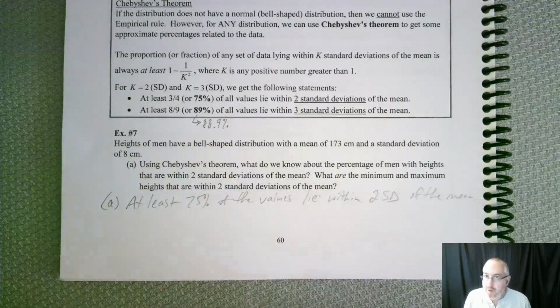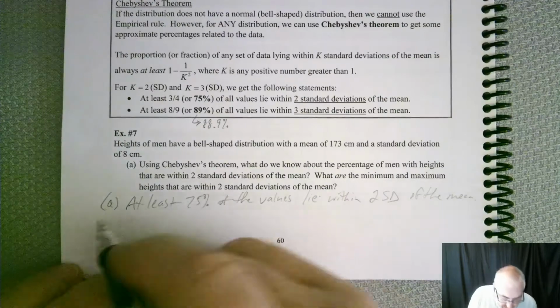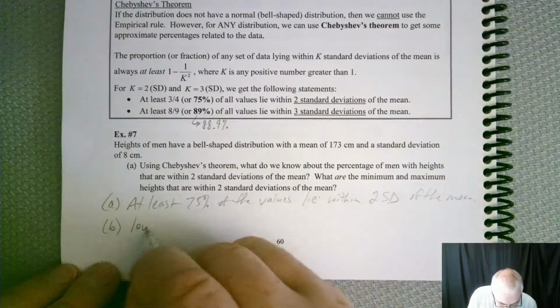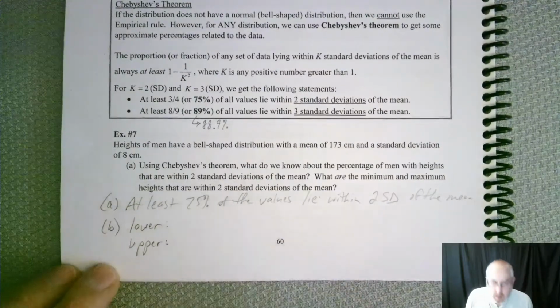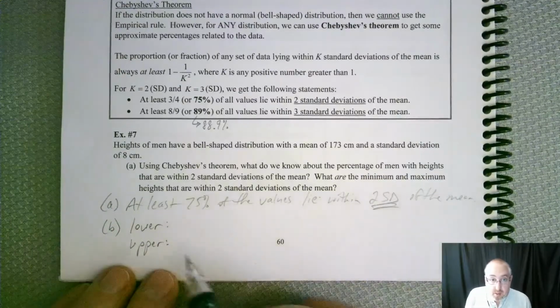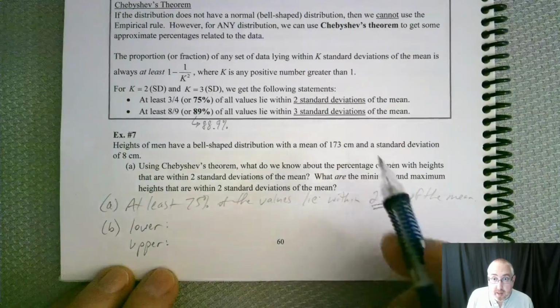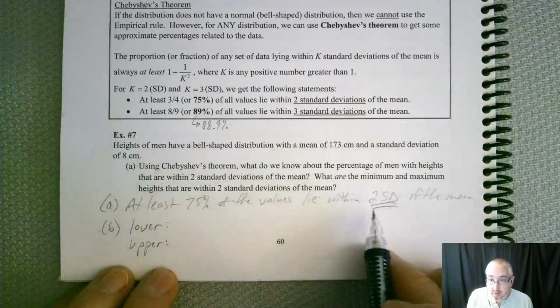Well, so very similar to that last example from before, we have to find those cutoffs. So we have to find that upper and lower cutoff. All right, but again, we're looking at 2 standard deviations. So the lower cutoff should be what? What do we do mathematically? We got our mean, we got our standard deviation, and we want 2 standard deviations away.